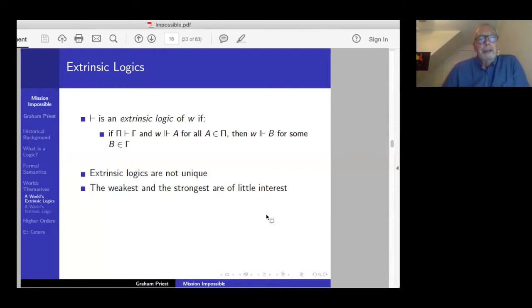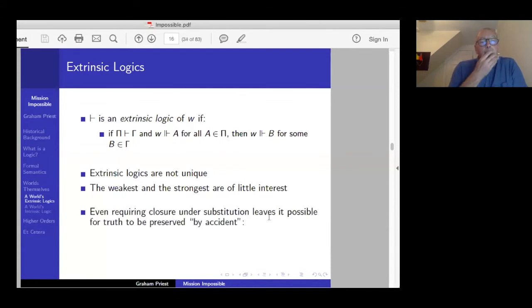Obviously they are not unique, so we've got to zero in on one of them. And the first thought that you're likely to have is that you want the weakest or the strongest. And that's pretty useless because the weakest is the one where nothing follows from anything, and the strongest is simply the one that's materially truth preserving at W. And those are, well, pretty boring. We've got to do something a little more than that.